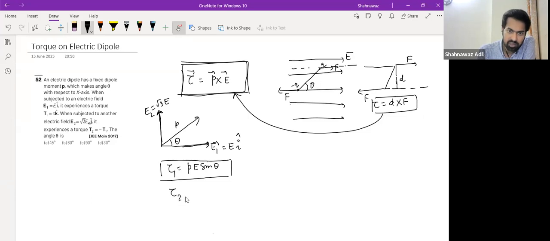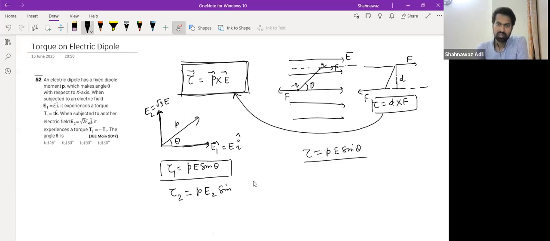So what would be tau 2, Tariq? Cos theta. Oh, no. So this would be P and this E2 and then sine of, because torque is P sine theta, not cos theta, right? Yes, sir. P E2 sine of the angle between E and P, which is 90 minus theta.